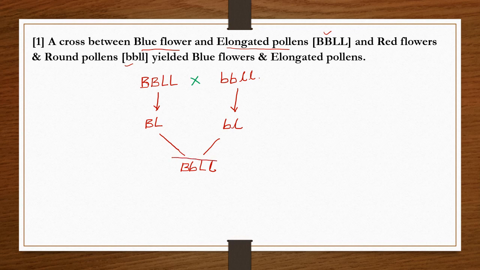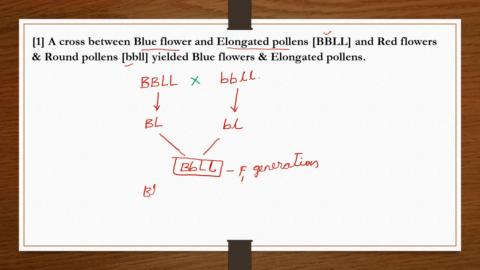So we consider this as the F1 generation, and all of this F1 generation is blue flowers and elongated pollens.